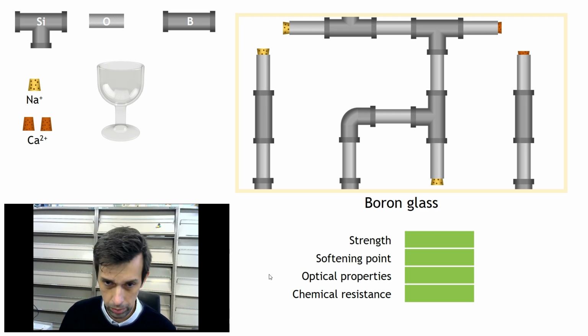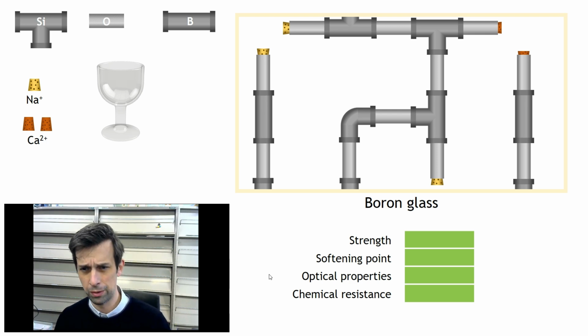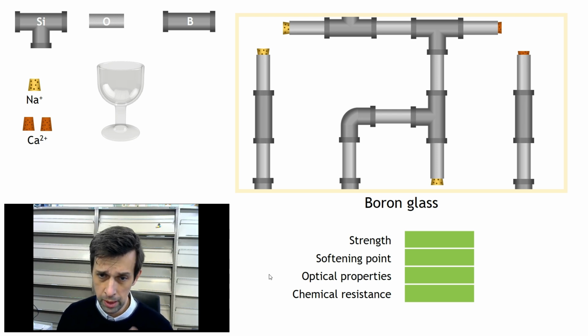In my laboratory, in most chemistry laboratories, we have beakers that are made with boron glass. There are many commercial names like Duran, Pyrex, and so on, depending on details of the chemical composition and the producer. The properties are fair.